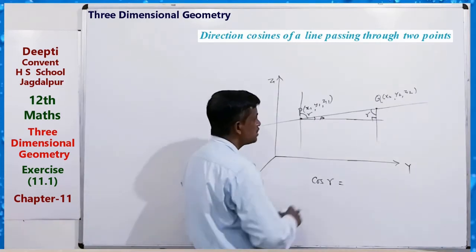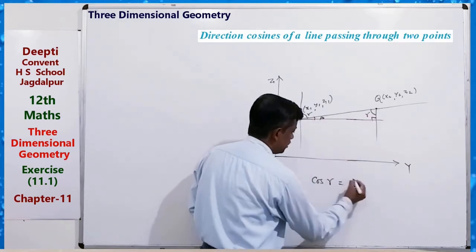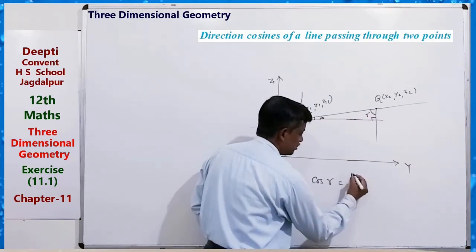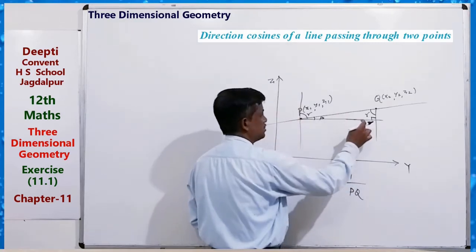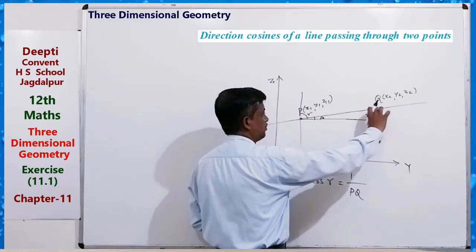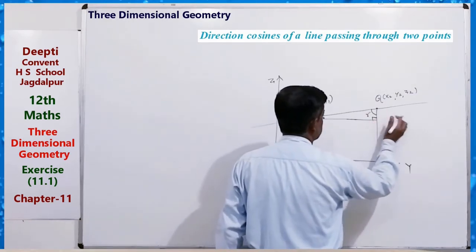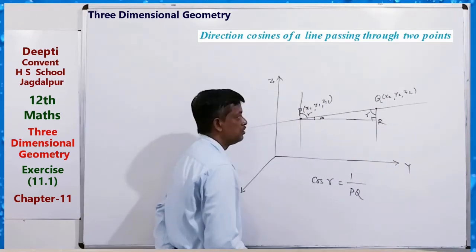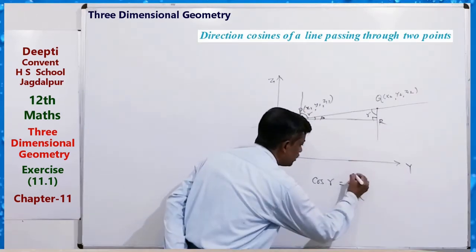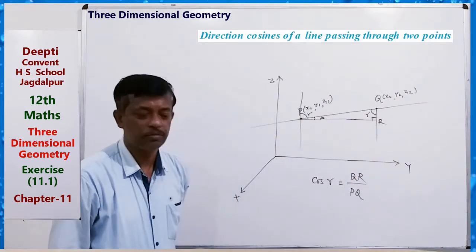This is the hypotenuse PQ, this is the angle, and this is the base. Suppose this is R. So QR by PQ.